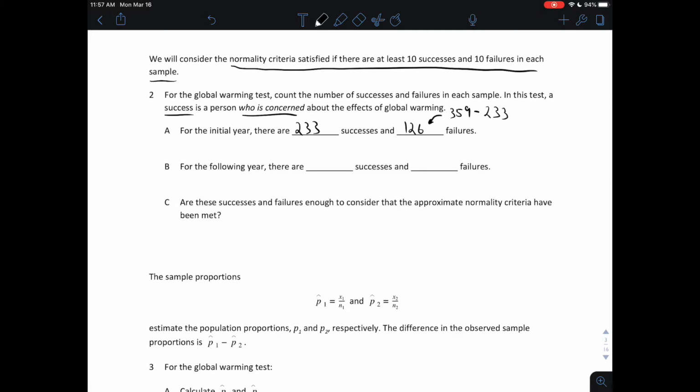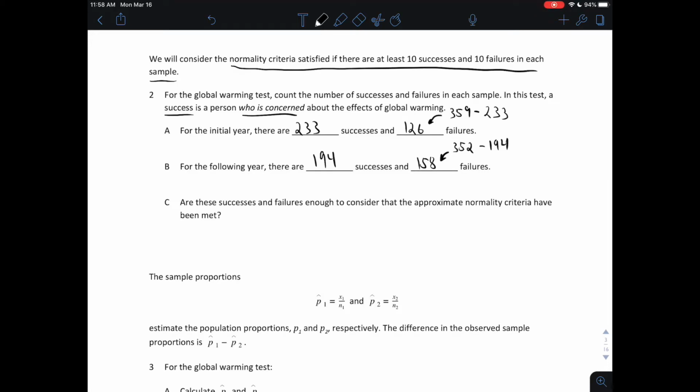Same thing for the following year. There we had 194 successes, and then we also had a total of 352 in our sample for that following year. So if we take 352 minus the number of successes, that gives us 158 failures.